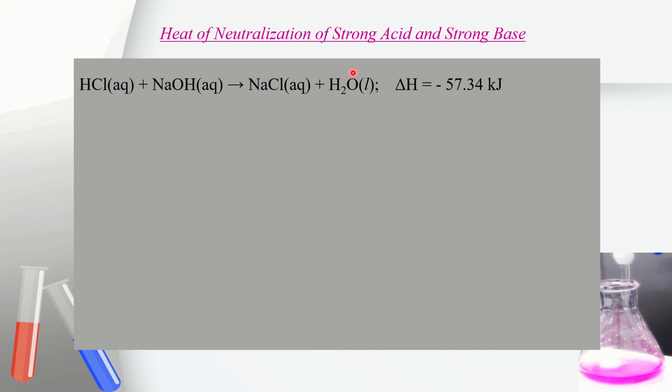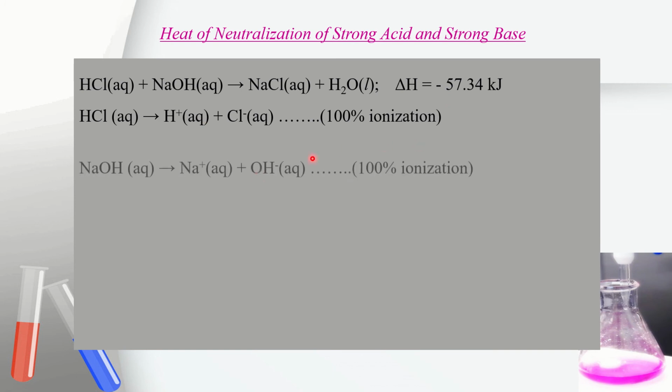So every neutralization reaction between strong acid and strong base produces 57.34 kilojoule heat energy. So the heat of neutralization of strong acid and strong base has a constant value, approximately minus 57.34 kilojoule.